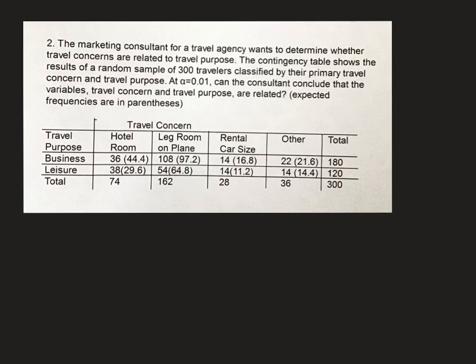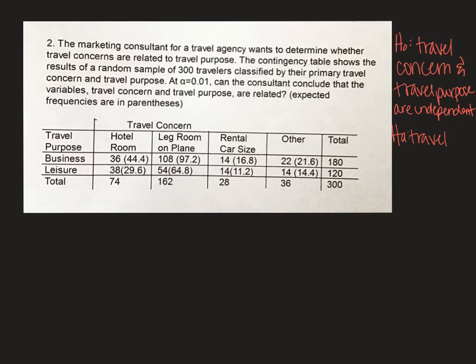So when we start working this out, our H0 is going to be that travel concern and travel purpose are independent, and HA is just going to be the opposite.